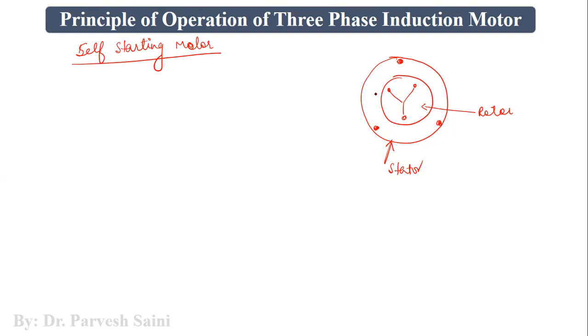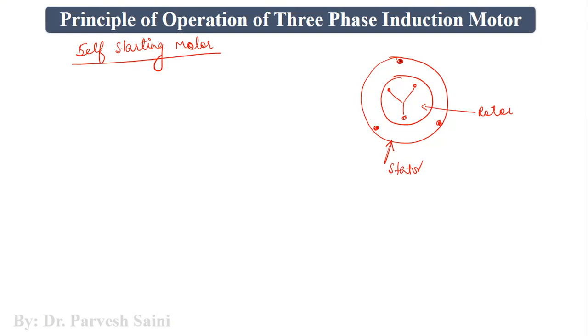There can be any kind of connection, whether star or delta. In case of the stator or rotor winding, generally stator winding is connected in star or delta. The rotor construction is of two types. One is the cage type of rotor, then we have a wound rotor formation, right?